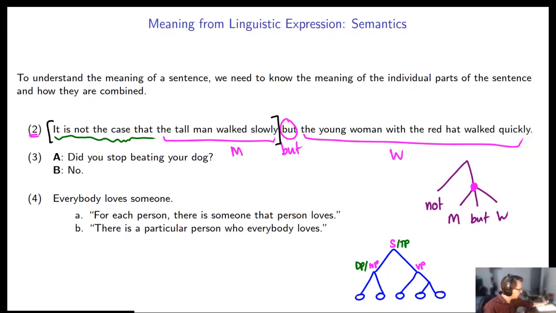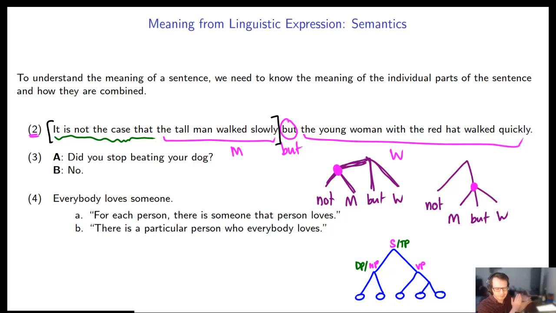So in this case, we could draw something like not M. So we have a negation there. Then we have but W, and we would end up with a structure that looks a little bit more like this. So if we think about what not is negating, it's only negating M. So we have two different interpretations of this sentence, and we have two different structures.